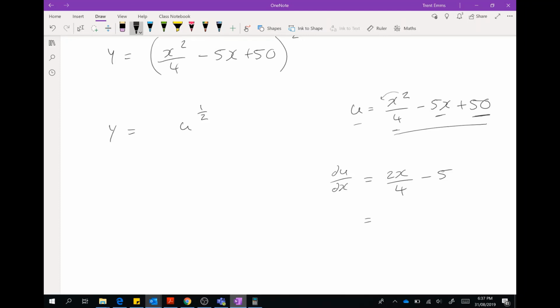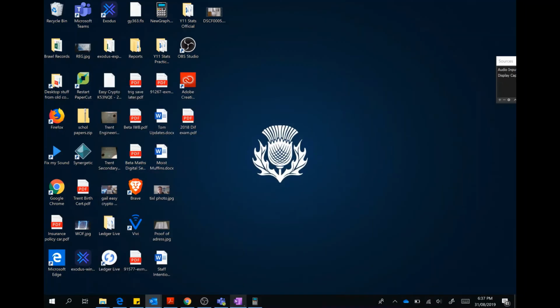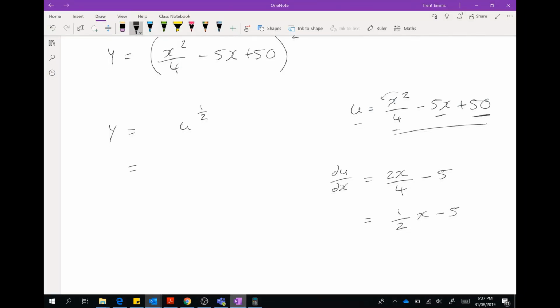And we can call that 1 over 2x minus 5, because 2/4 of x is the same as half of x. This one here, the half comes to the front, and we minus 1 off the power, so it's going to be negative 1/2, and that's dy by du.